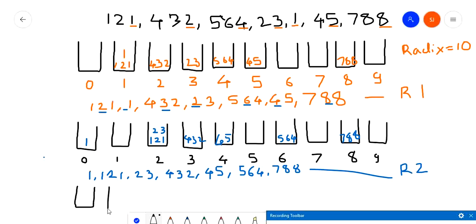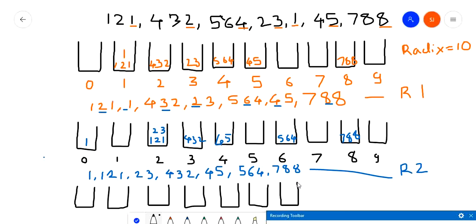Bucket 0, bucket 1, bucket 2, bucket 3, bucket 4, bucket 5, then bucket 6. Write it clearly in your notebook. It is very difficult for me to make it here because I am using an online tool, Microsoft Whiteboard. I am also practicing it now.